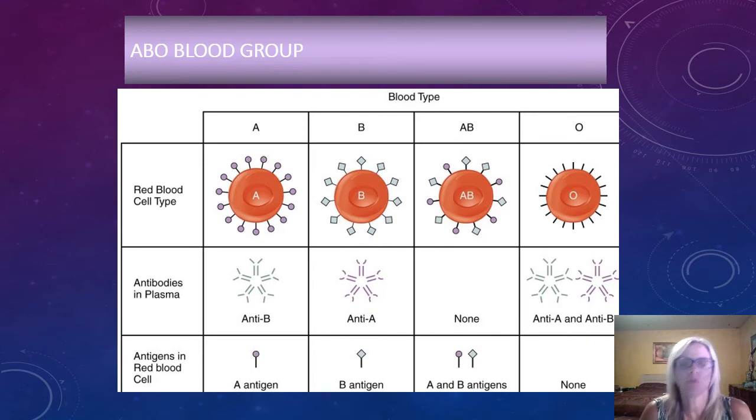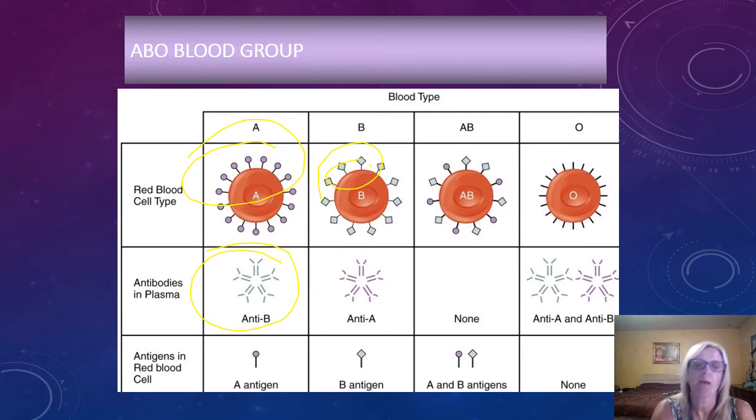All right, so this is a really nice diagram. If you have blood type A, you can see here you have A antigens on the outside of your cell. So your body will recognize those. And so you don't have antigen B out on there. Antigen B, you can see, is a different shape. And so your body will not recognize antigen B, and you will have antibodies to B. So if you are type A, you cannot receive type B because the antigens and antibodies don't match.